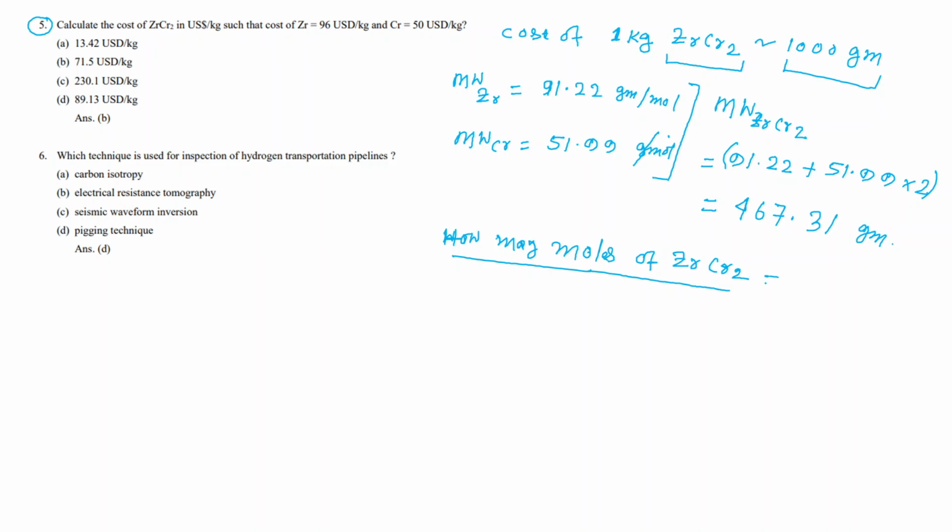It is very simple: just divide 1000 by the molecular weight of 1 mole, 467.31. The number of moles will come to 5.12. So 5.12 moles of ZrCr2.